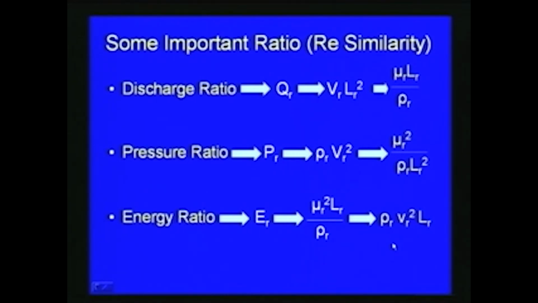So, these are the different parameters which we consider while doing the physical modeling with respect to the prototype. The various scale ratios for various parameters like velocity, discharge, or pressure, we can derive using these equations, and then correspondingly we can do the experiment in the model, or we can develop the model and then run the experiments.